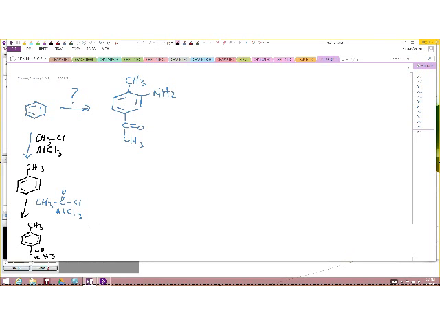Okay, now at this point we want to do nitration. And that gives us the nitro group in the ortho position relative to the methyl group, right?